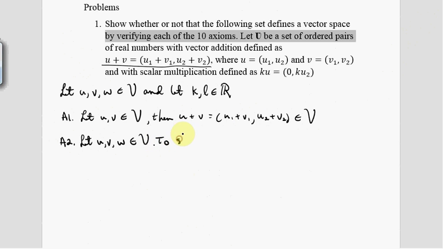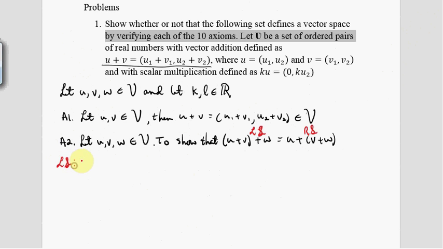Here, to show that u plus v, with emphasis there first, plus w, is the same as u plus v plus w, with the emphasis on v plus w. Call this the left side, and we'll call this the right side.